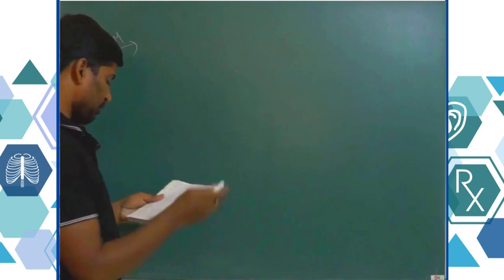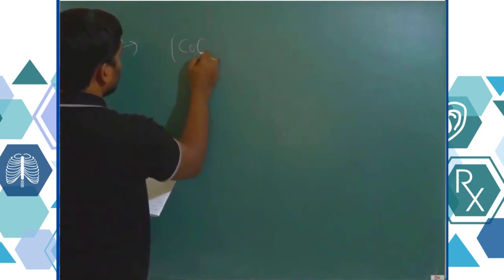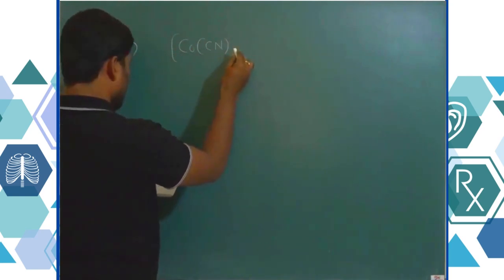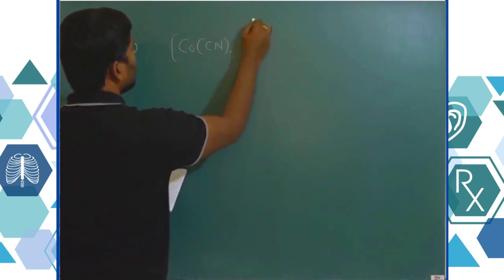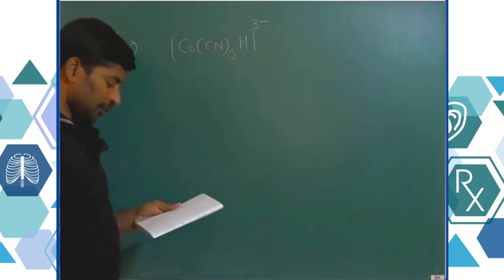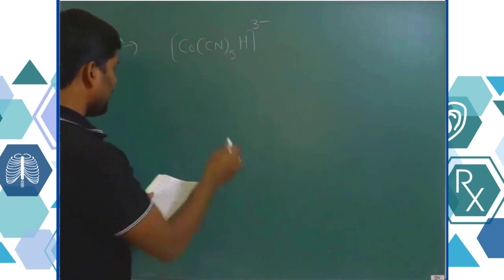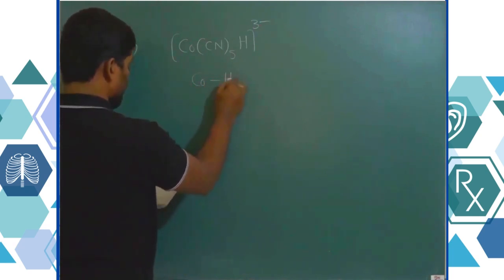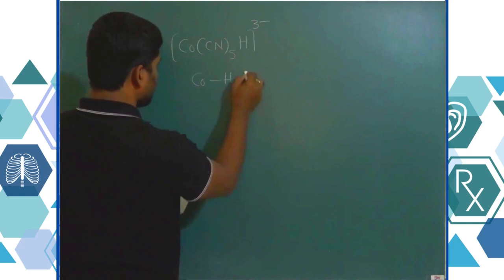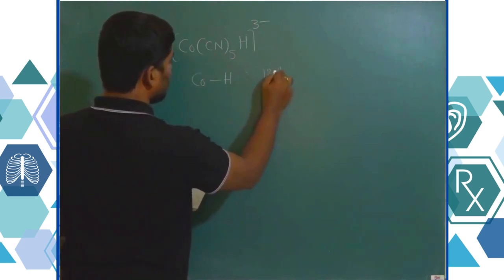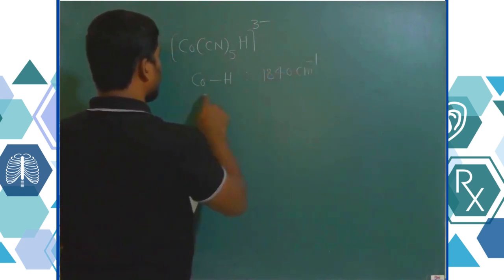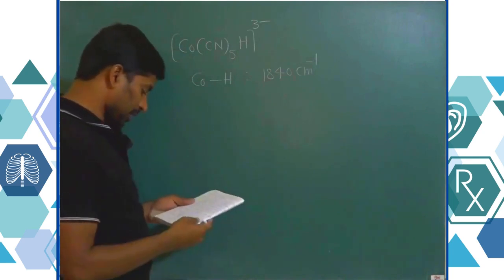In the IR spectrum of CO, CN taken 5 H3 minus, the COH stretch is observed at 1840 centimeter inverse. The vibrational frequency for COH is given as 1840 centimeter inverse.